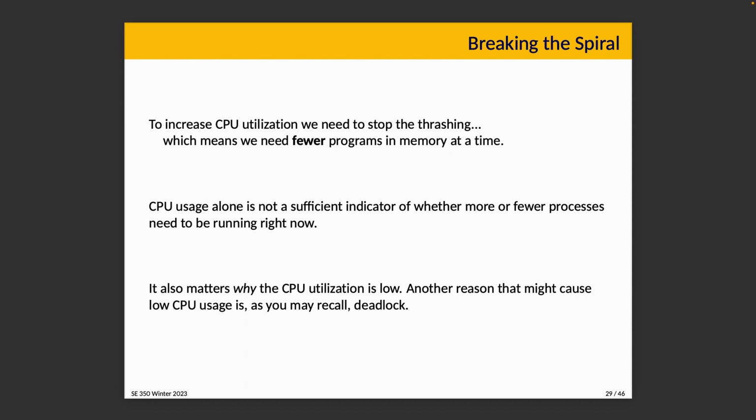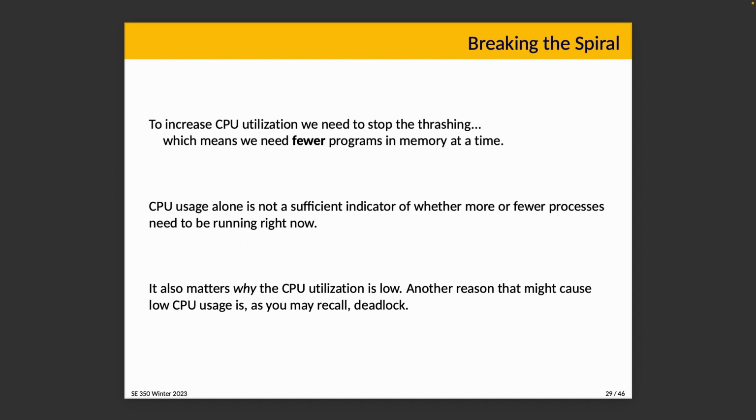The other thing, of course, is recognizing that CPU usage alone is not a sufficient indicator as to whether more or fewer processes need to be running right now. If CPU utilization is low, it matters why. And looking into why and making a good decision is much more important than just saying, oh, well, this one indicator is down, so we better do something about it.